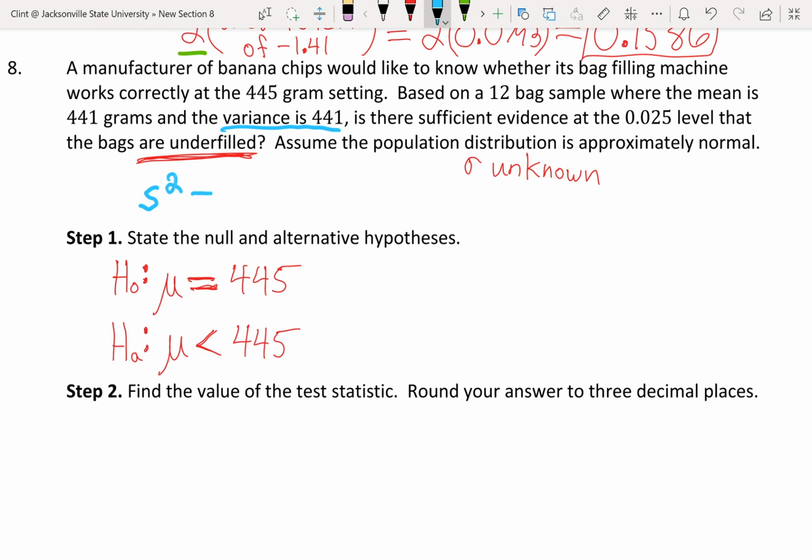So what this one's giving us is S squared is 441. So S, we would take the square root of that. So our standard deviation is 21. I'm not going to give you variance on the test. These are just randomized out of Hawks, and sometimes they throw variance in.